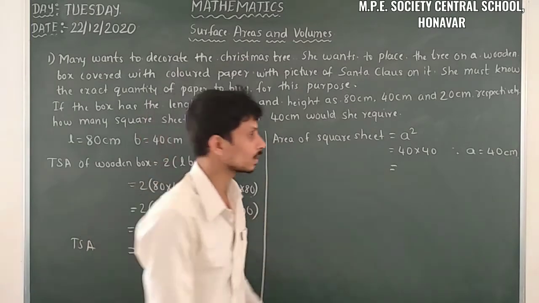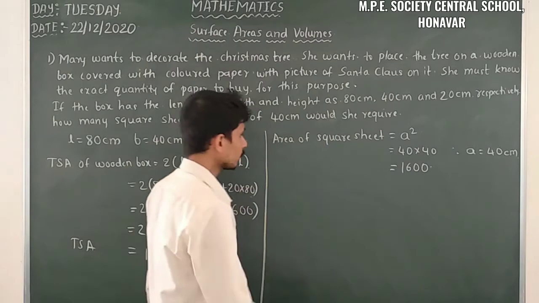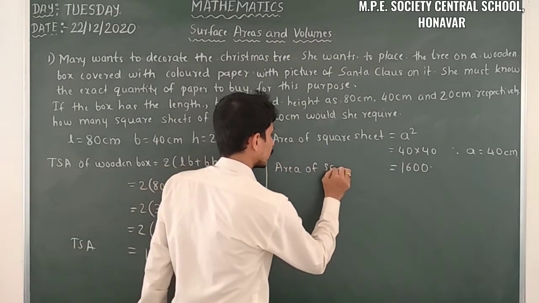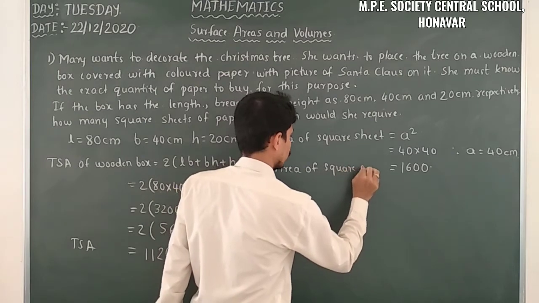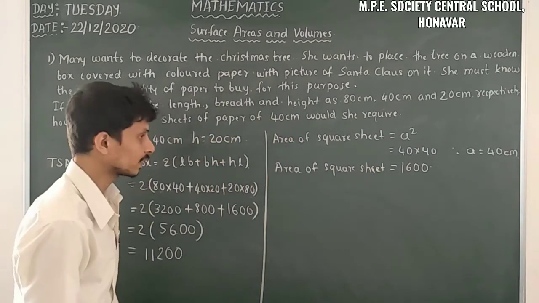So 40 into 40 is equal to 1600. So we have the area of the square sheet, 1600 here.